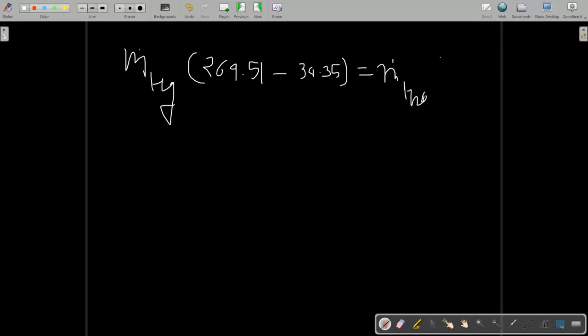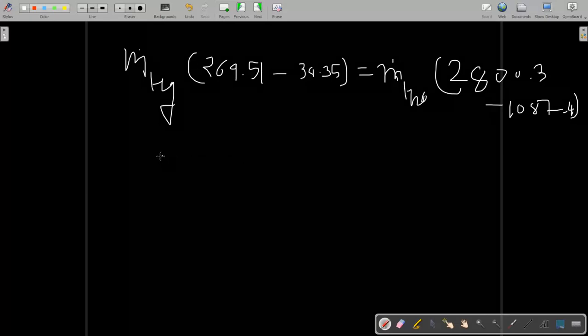Mass flow rate of mercury times value is equal to mass flow rate of H2O times (2800.3 minus 1087.4).